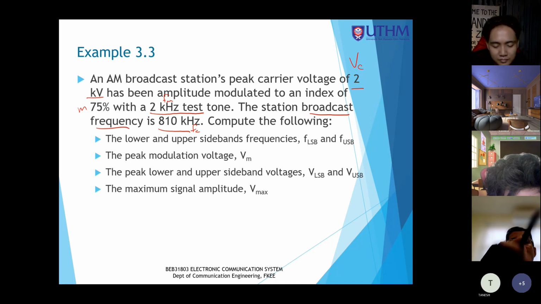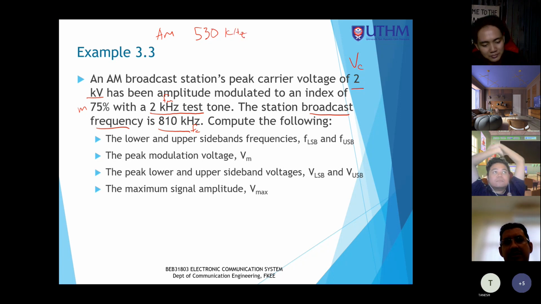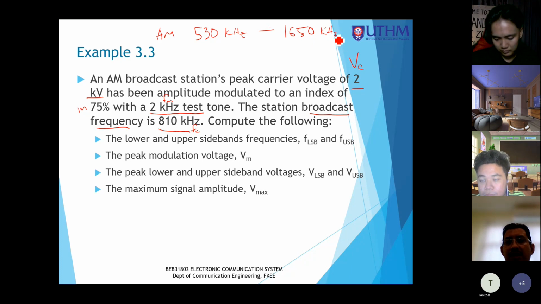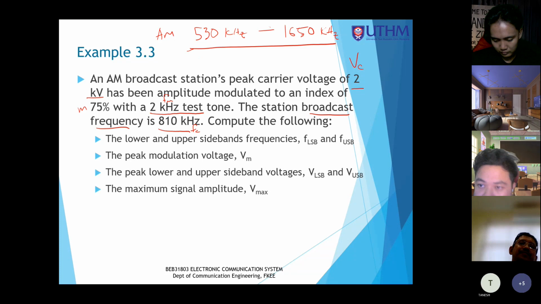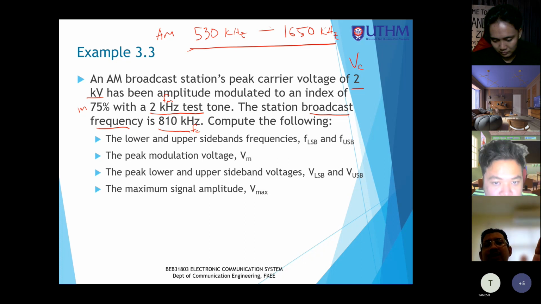And for your information, untuk AM band, amplitude modulation band, dia punya range of frequency is daripada 530, if I'm not mistaken, kilohertz, sehingga up to 1650, if I'm not mistaken, kilohertz. So ini adalah range of AM by standard.